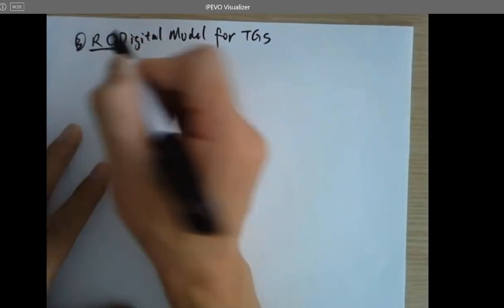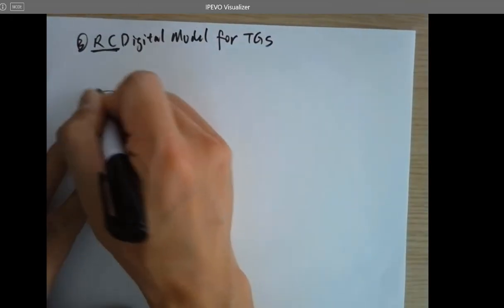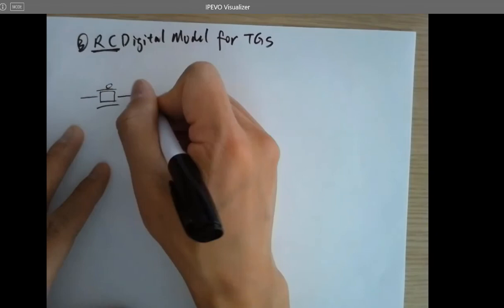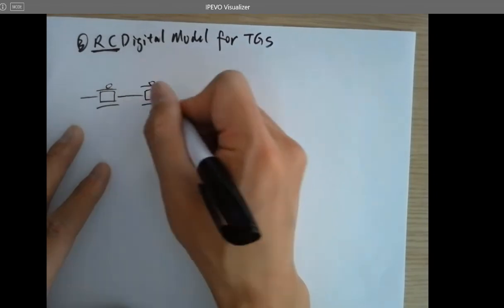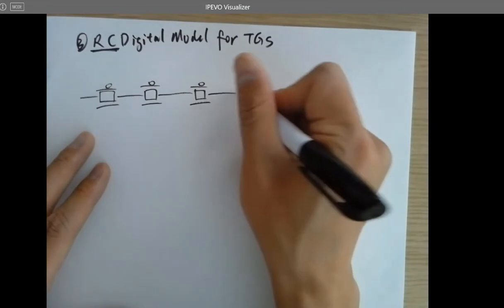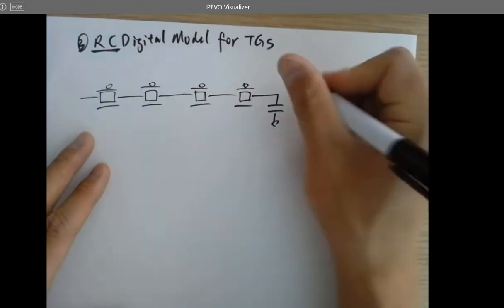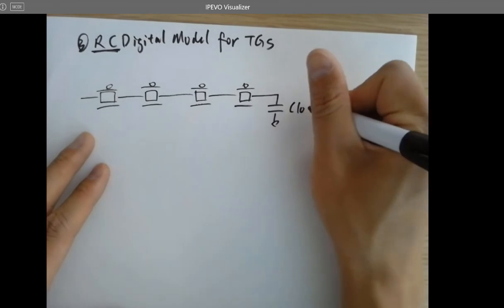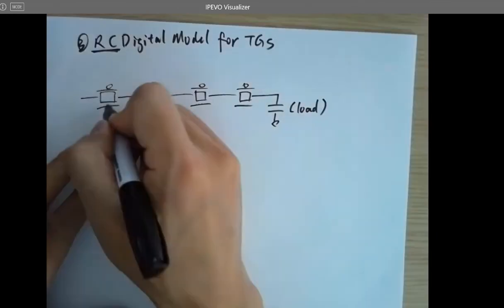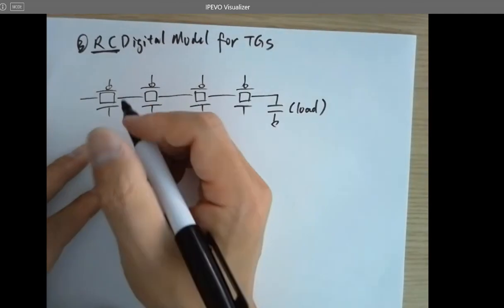So let's draw the transmission gates and see how we can model it for digital signal analysis. That's C load, a load capacitor. That's a transmission gate.